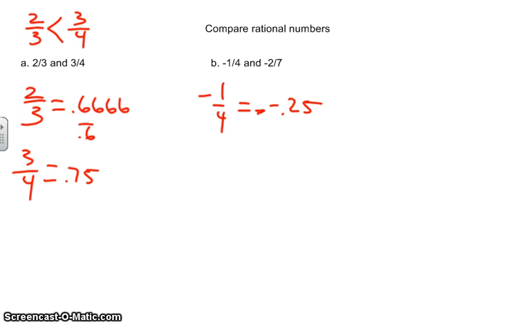If I do -2/7, if you divide the denominator into the numerator on that one, I will end up getting -0.286. If I look at that, I will see that -0.286 is further from 0 than -0.25, meaning that -0.25 is the larger number. So I'll say that -1/4 is greater than -2/7.